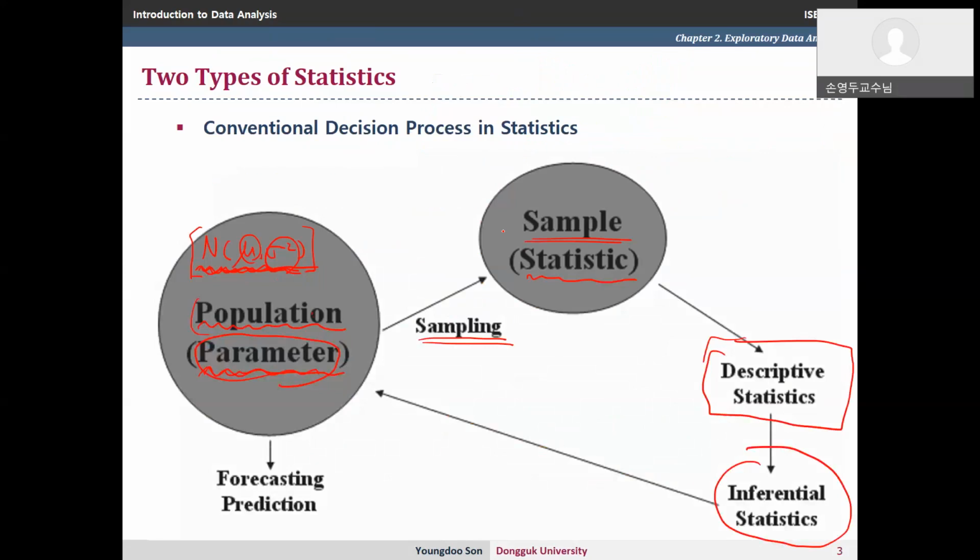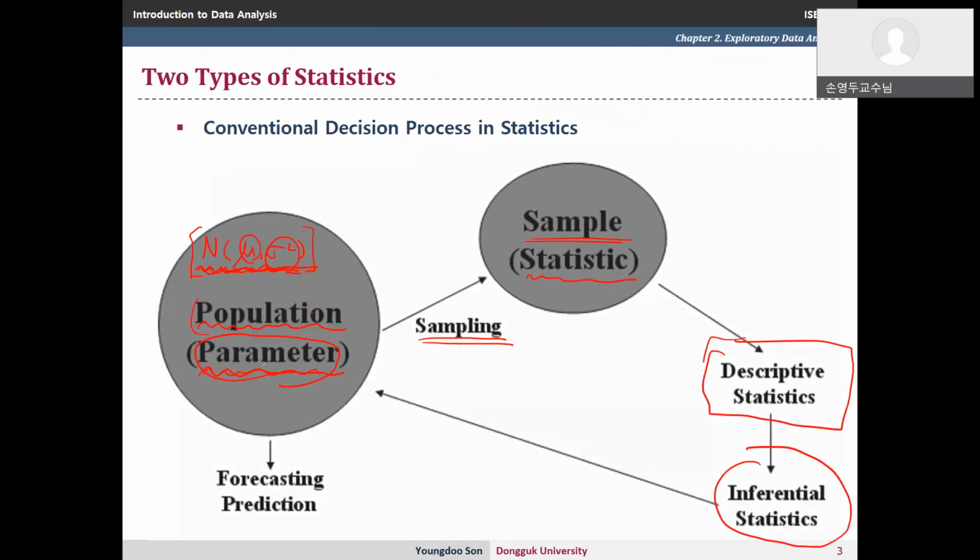So these are the conventional decision process in statistics. So we have population, and by sampling, we make sample, and the population is usually defined by some parameters.